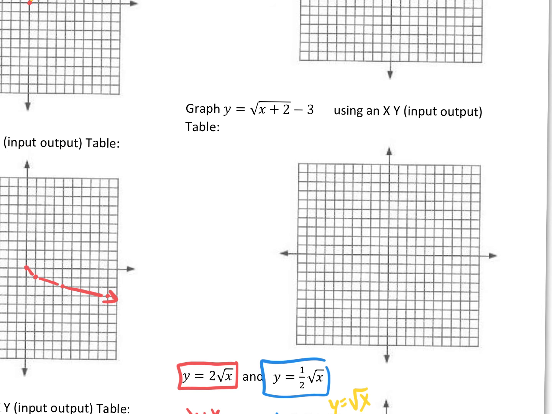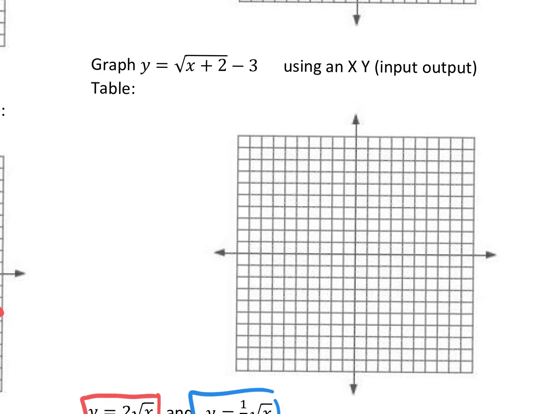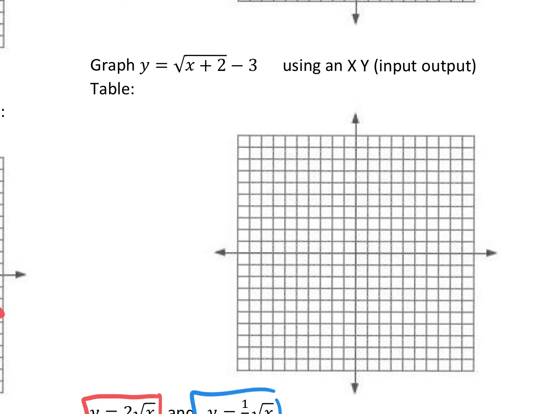So let's go back to this worksheet. And this guy right here, what is the most important point of this square root function? What was the most important point of a parabola? The HK. It's the same deal here. What's the most important point here? The HK. But what is the HK? Okay.